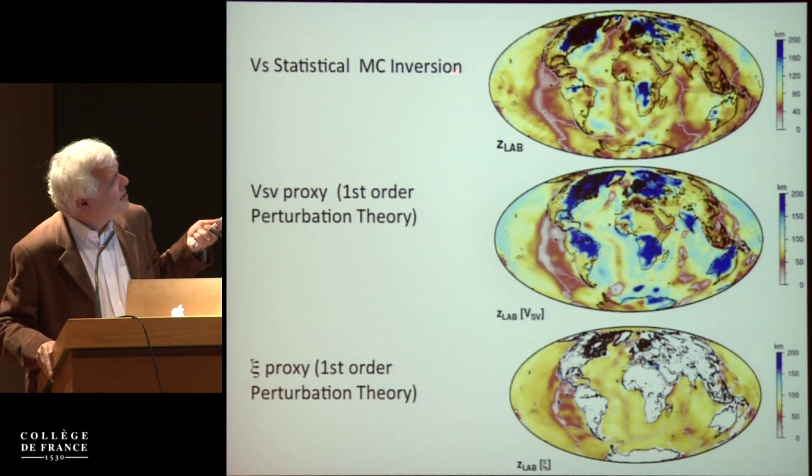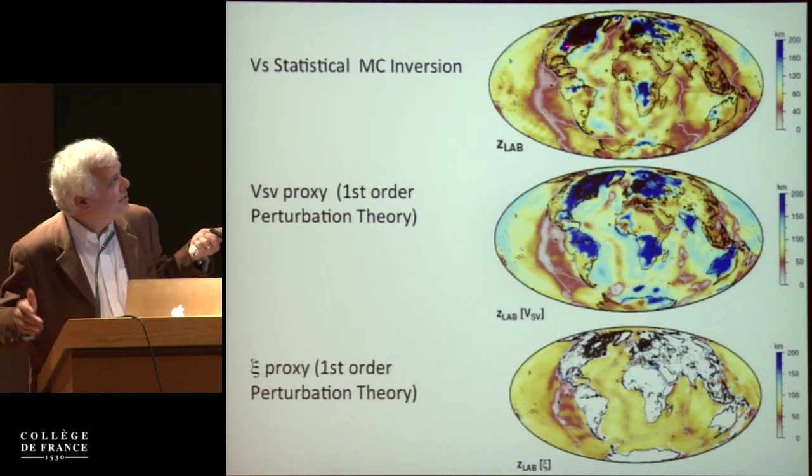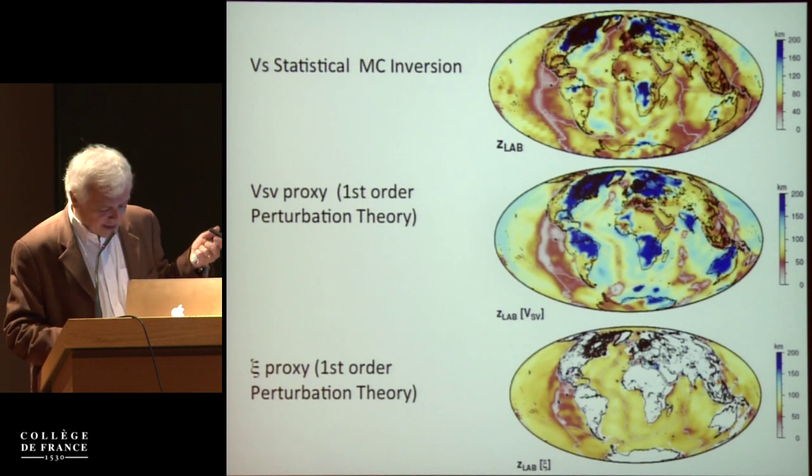The reason is that in the Monte Carlo inversion, we do not take into account radial anisotropy in the lithosphere and asthenosphere, so it's only an isotropic inversion. So we think that the discrepancy between lab derived from VSV and lab derived from Monte Carlo inversion is due to the neglect of radial anisotropy. But we have the same lateral variation. So we have not the same absolute value, but we have the same lateral variation.